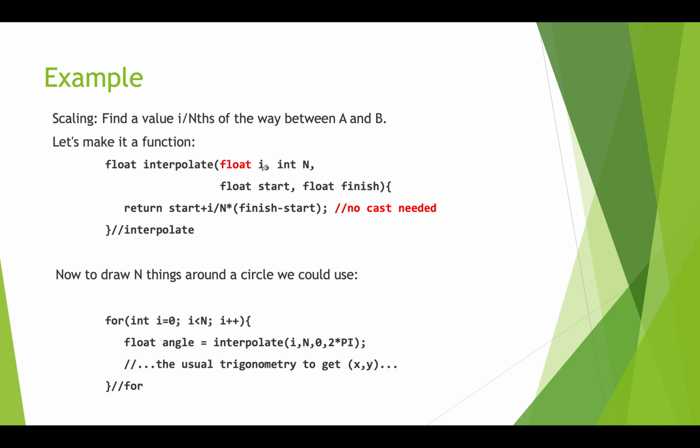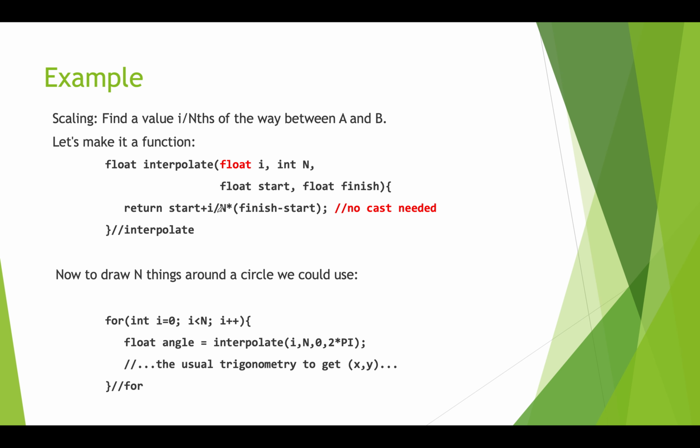It's going to take in a value, which is where we are in our source range, and the size of our source range, so that we can then get our percentage in the source range. And then it's going to take in the minimum or lowest value in our destination range and the maximum value in our destination range, so start to finish.